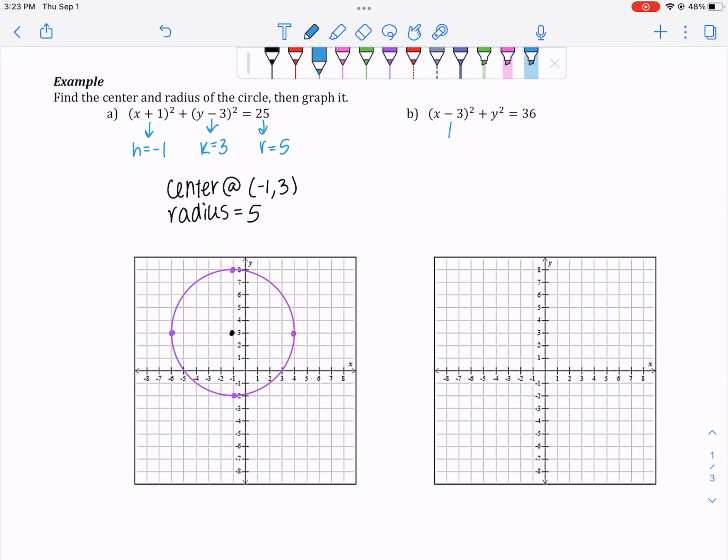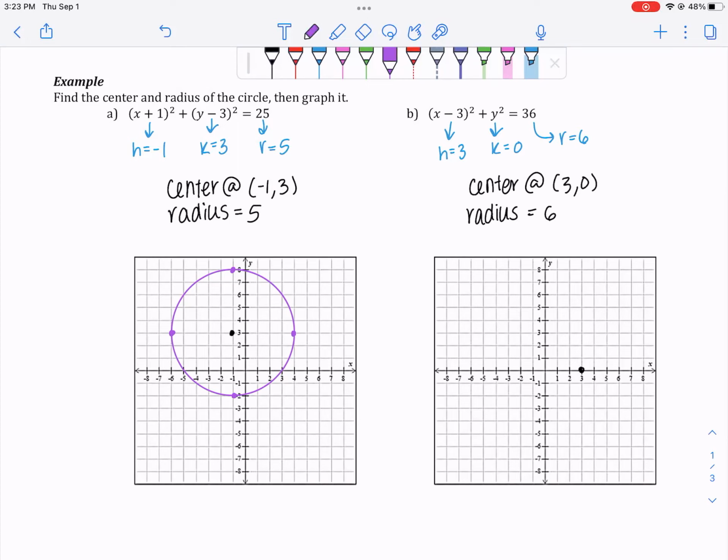Over here, we have h is equal to 3. K is going to be equal to 0. Our radius is the square root of 36, which is 6. So our center is at 3, 0. And our radius is 6. Plotting my center right here.